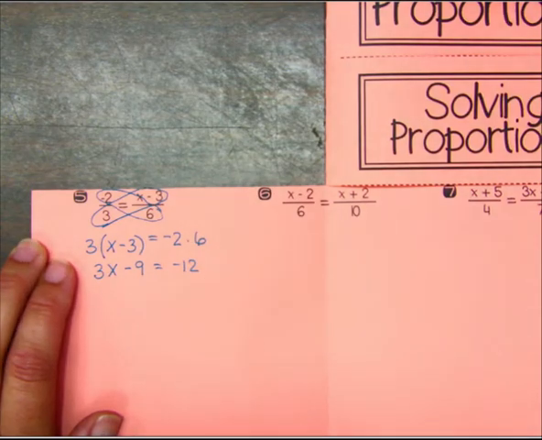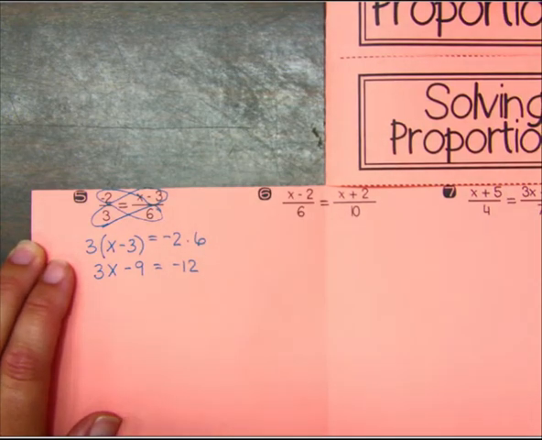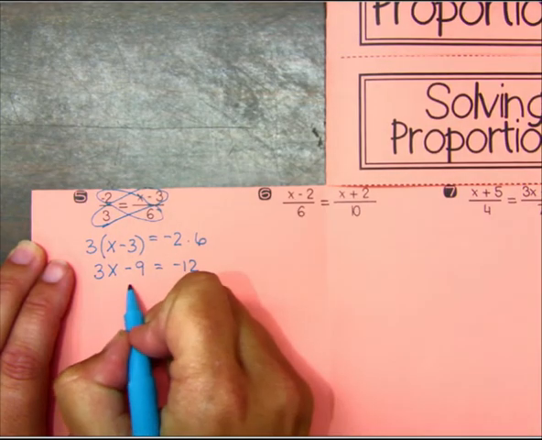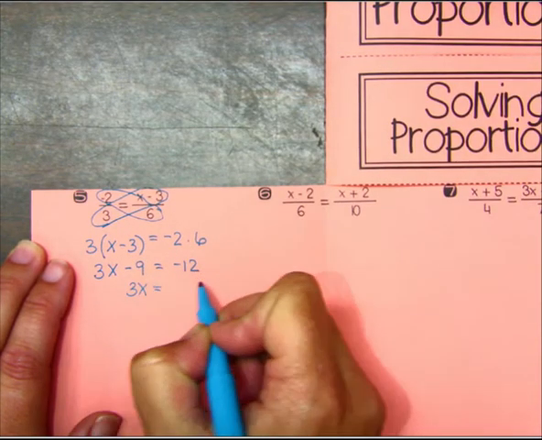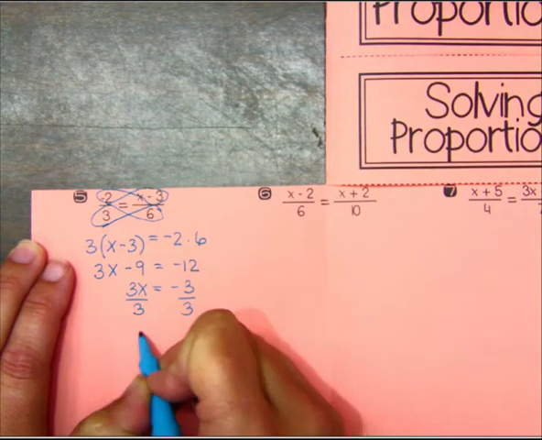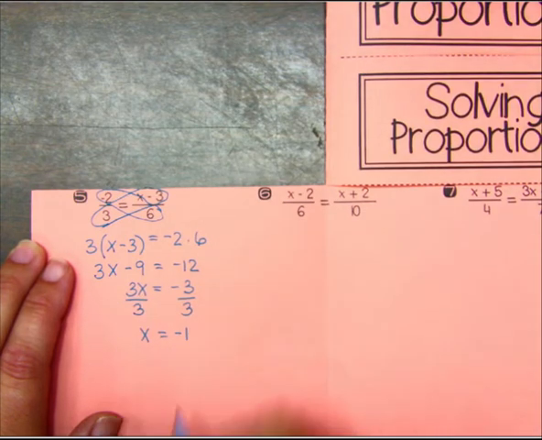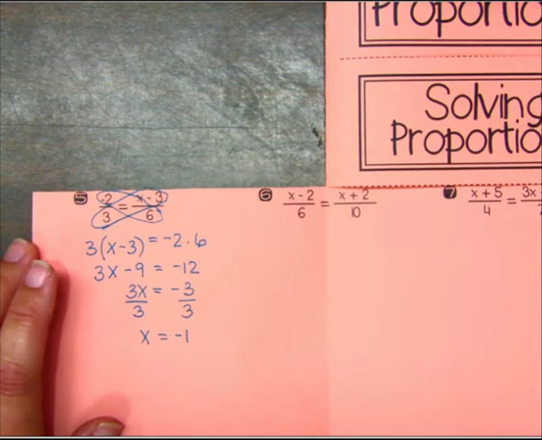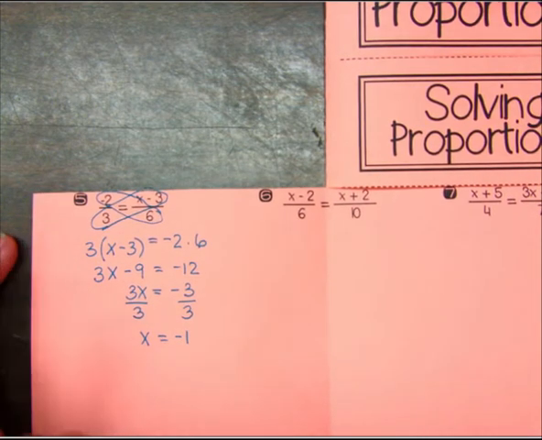And now we can go ahead and add the 9 to both sides. And when we add the 9 to both sides, we get 3x is equal to negative 3. And then we can just divide both sides by 3, and our x value turns out to be negative 1. And again, we can plug back in to see if we get the right answer, if it checks.